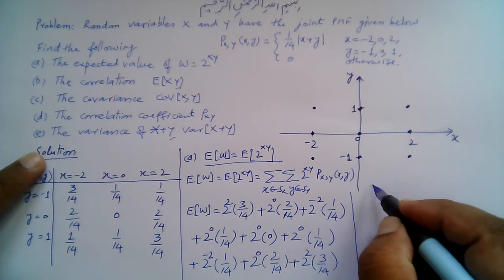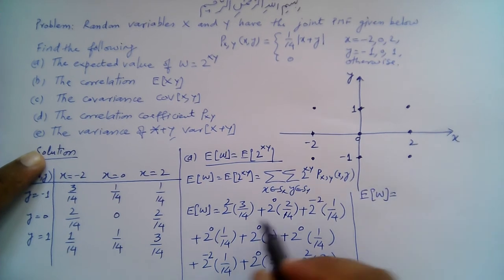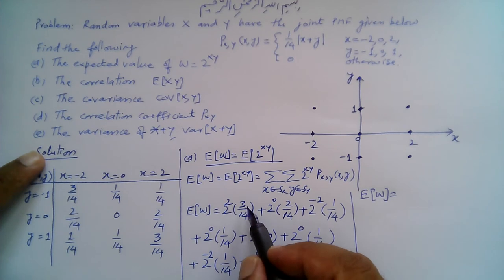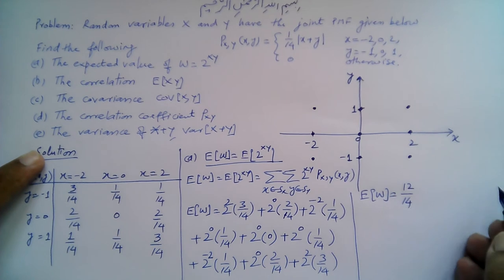So expected value of W is, this is 2 raised to power 2 is 4, so 4 multiplied by 3 is 12 over 14, right?